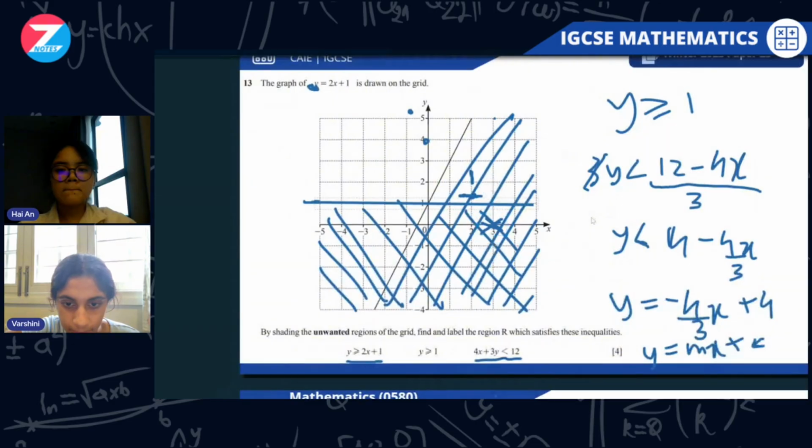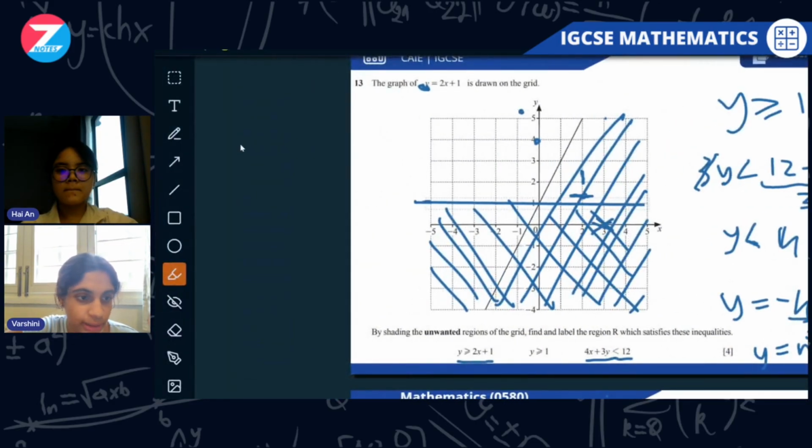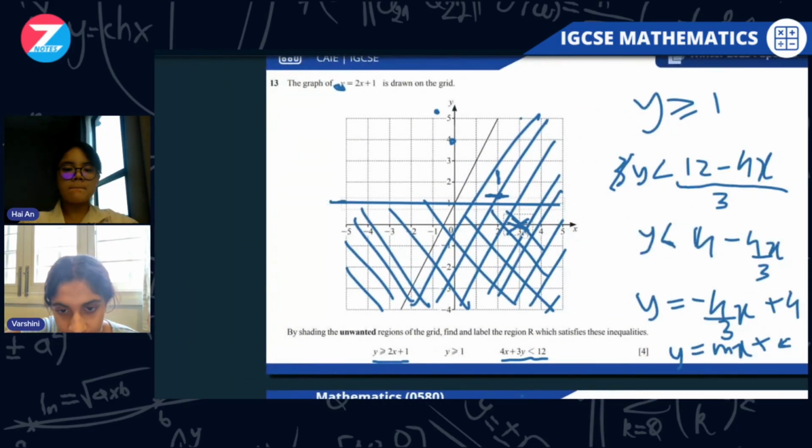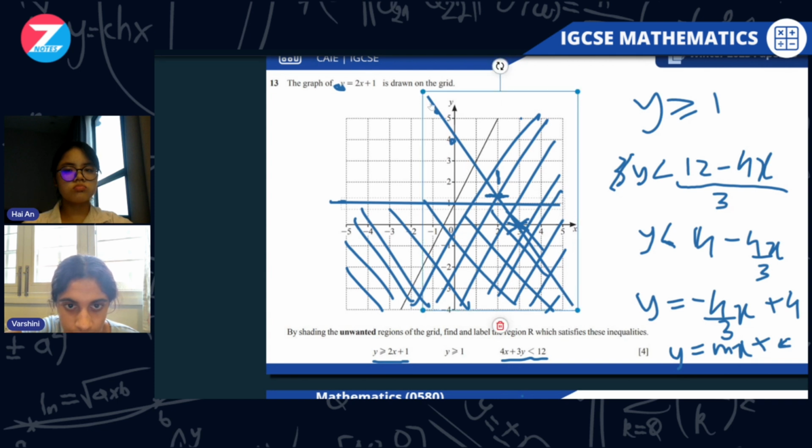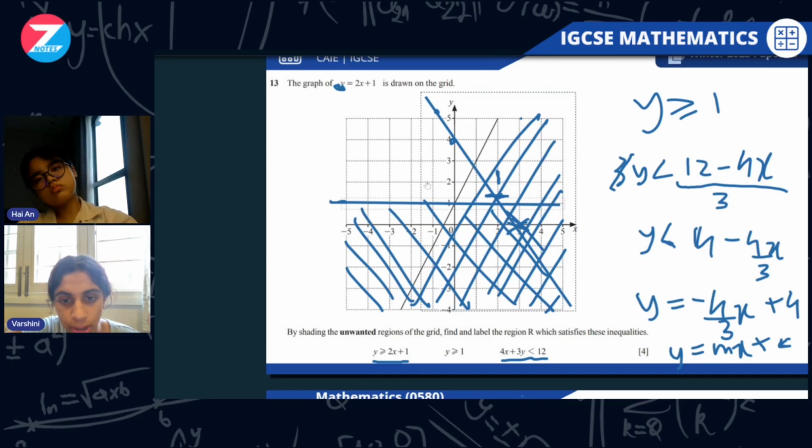So if we do draw our line, remember we need to connect these 2 points. Okay, so it's gonna look somewhat like this. And of course, we need to connect. So there we go.